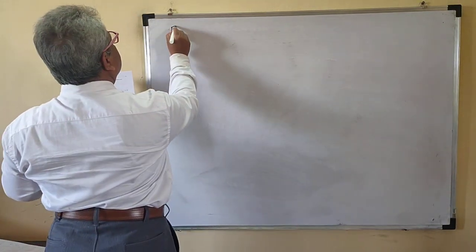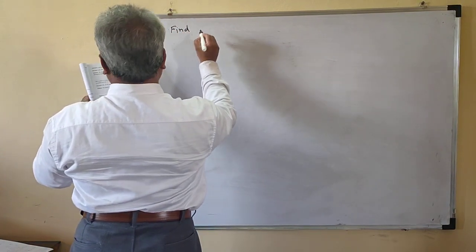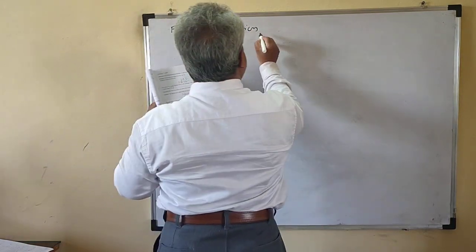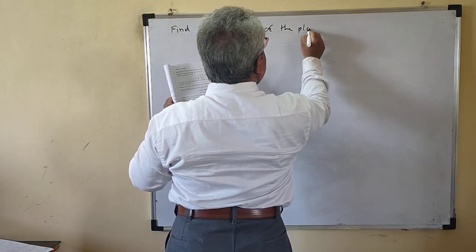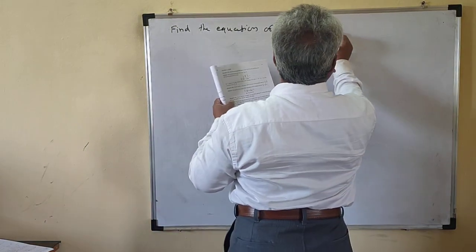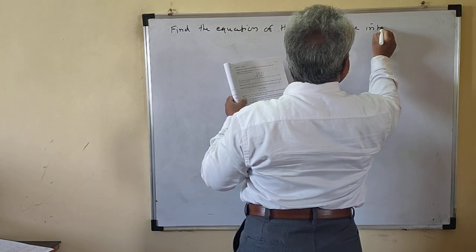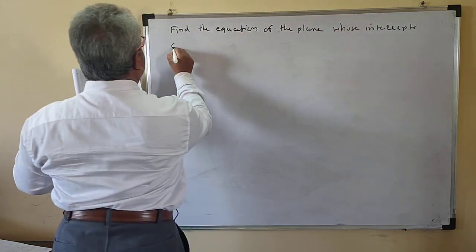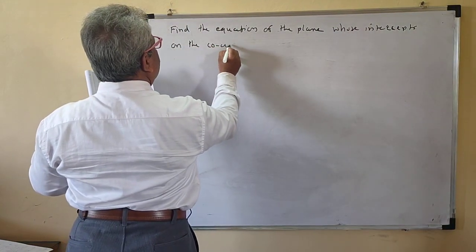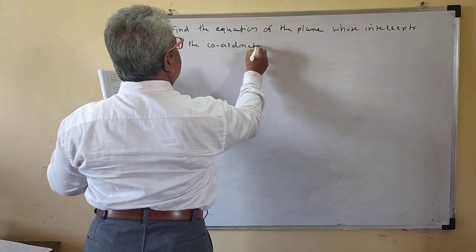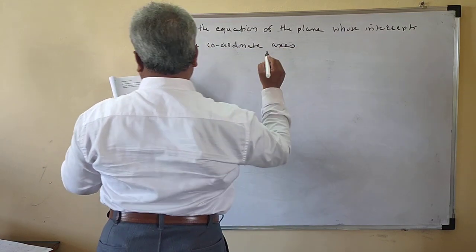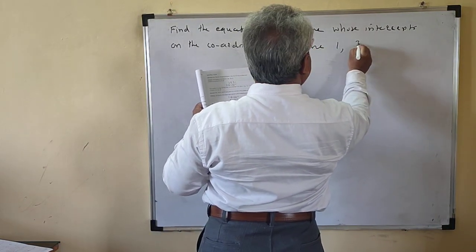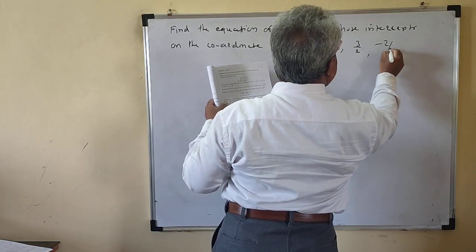Find the equation of the plane whose intercepts on the coordinate axis are 1, 3 by 2, minus 2 by 3.